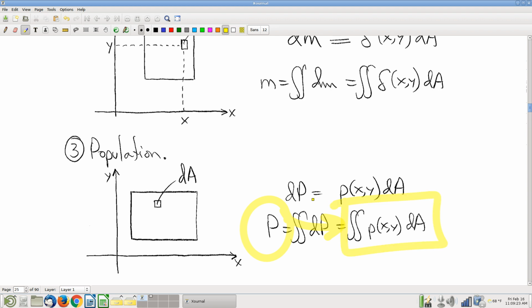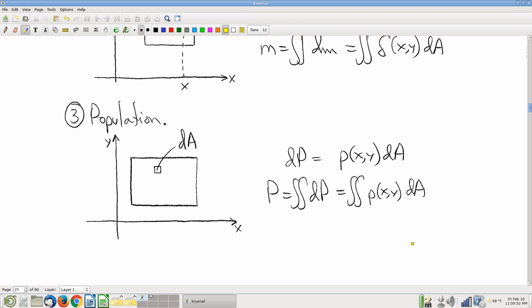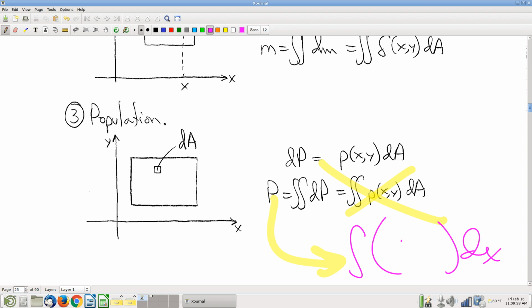What you can't do is bypass that and turn a population question directly into a single variable integral of a single variable integral. That does not make any sense. So all the questions need that intermediate step, with the exception of volume, but there's no point in making the exception.